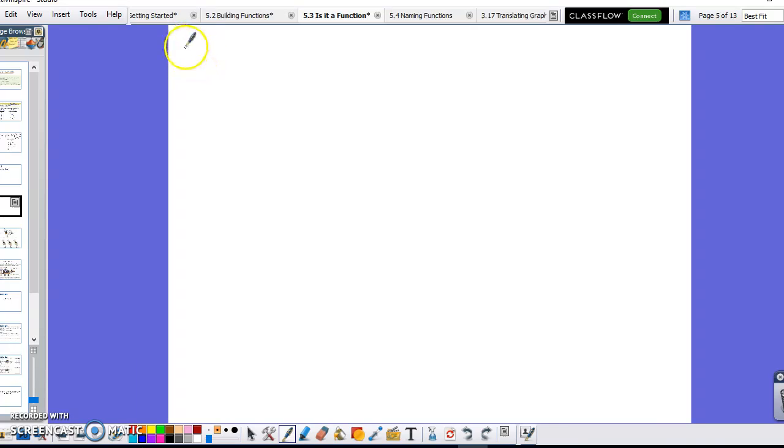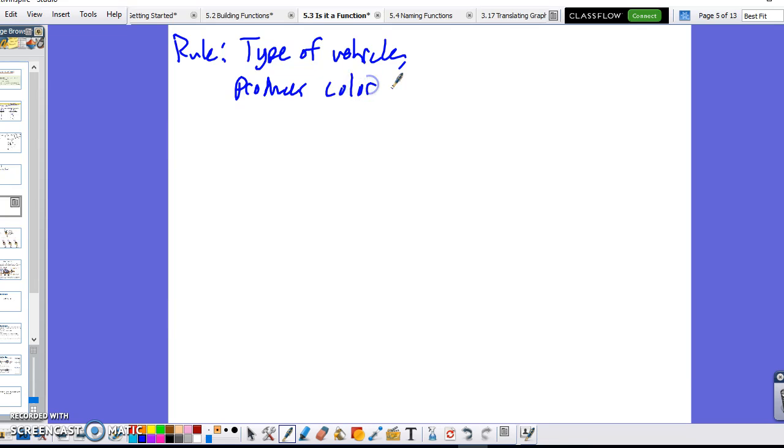All right, so let's do this first one. Let's say my rule is my input is type of vehicle. It produces the color it is made in. Okay, so that idea is kind of goofy, like just the idea that this is going to be a function or not.